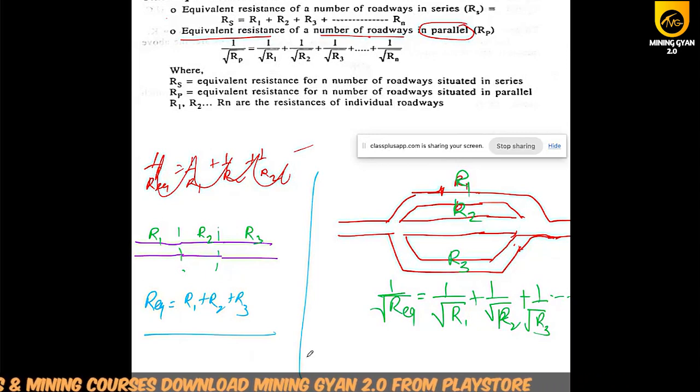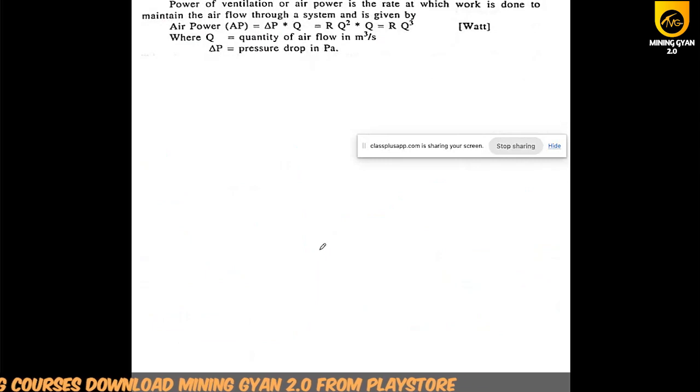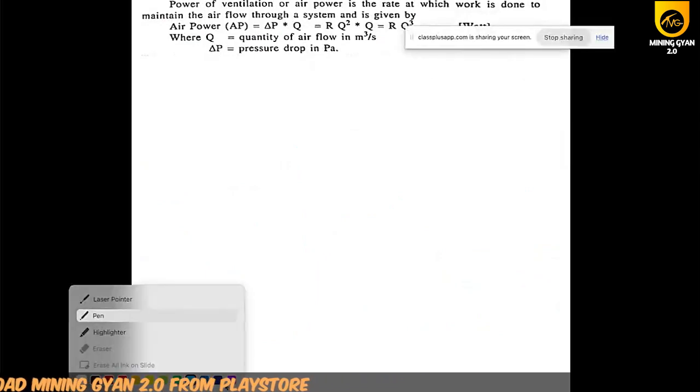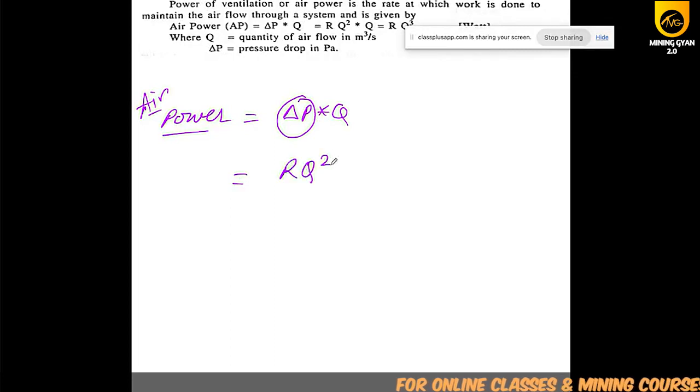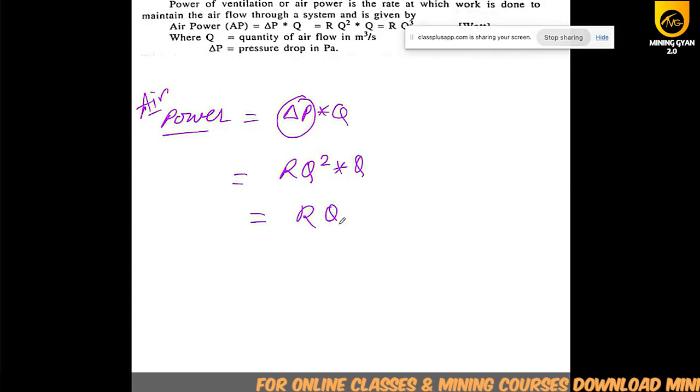Don't confuse air power. So what is the power? Power means pressure multiplied by velocity; air power means delta P into Q. Delta P we have calculated as RQ square, multiplied by Q, which means this will be RQ cube.